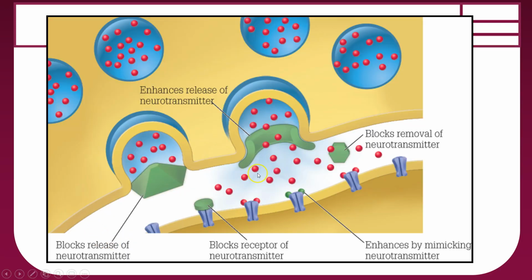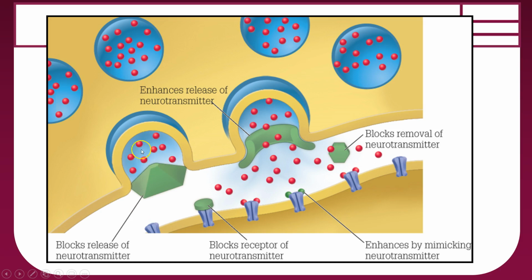Drugs work at the synapse in some way. Going all the way back to the beginning of the class, they change some kind of activity at the synapse. It can be that some drugs enhance the release of neurotransmitter. So instead of releasing the normal amount of neurotransmitter, when someone's taking a drug, more neurotransmitter is released. It could block the release of neurotransmitter.